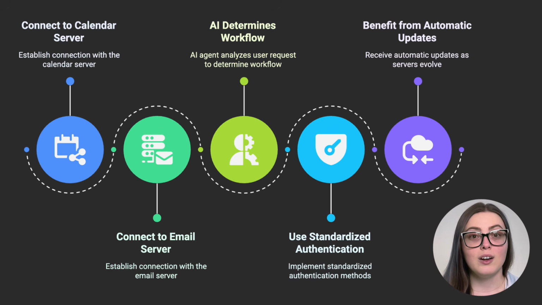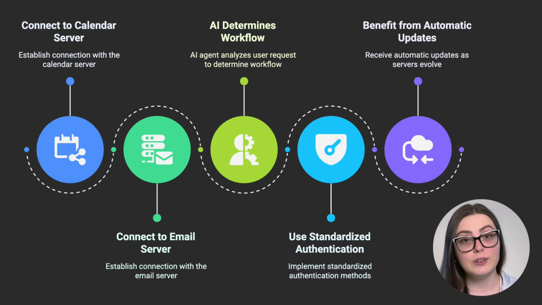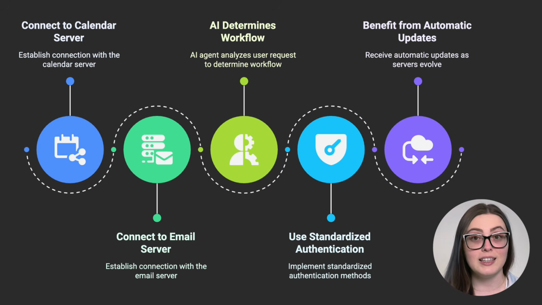With MCP, we would connect a calendar MCP server, we would connect an email MCP server, let the agent determine the workflow based on the user request, use standardized authentication methods, and receive the benefit of automatic updates as the service evolves.